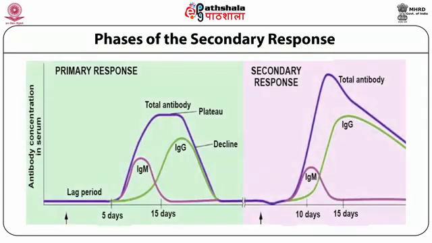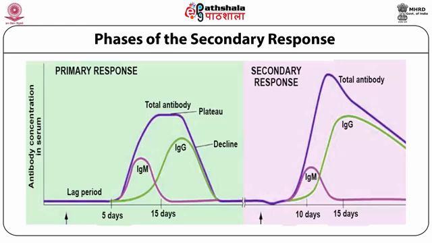Just like the primary response, the secondary response can also be looked upon in terms of its distinct phases. In the case of the secondary response, the lag phase is shorter, almost cut down by half.